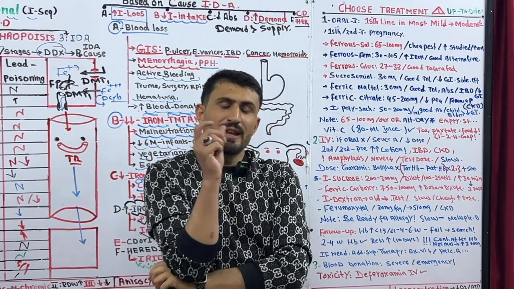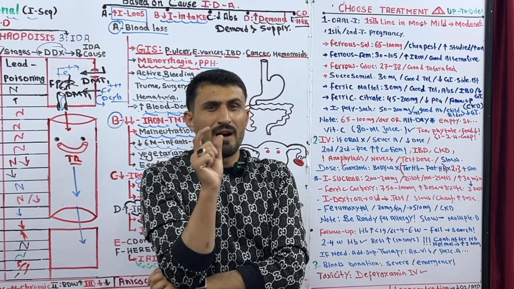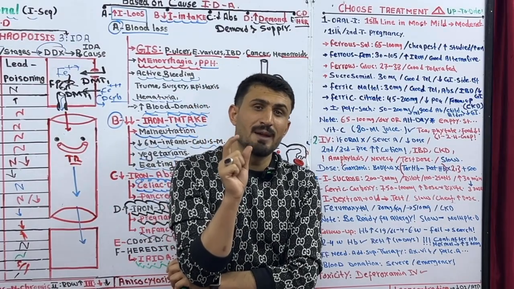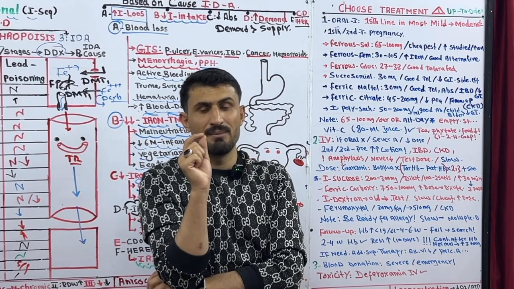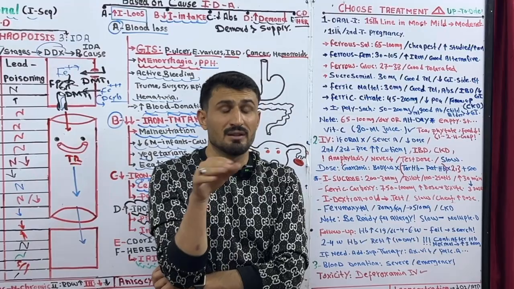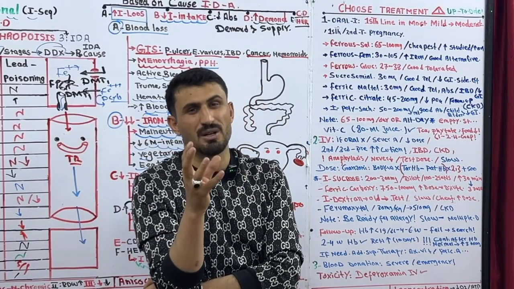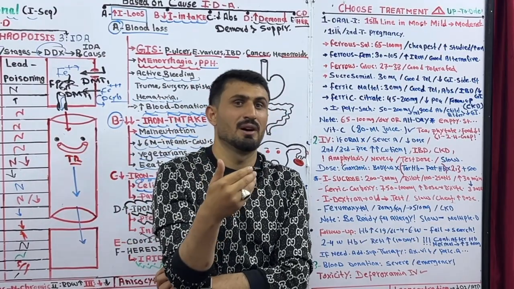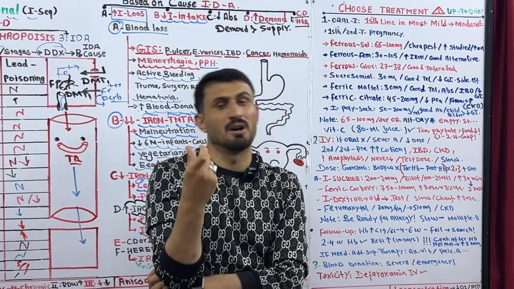If you take a tablet of 325 milligrams of ferrous sulfate, you will have 65 milligrams of iron inside this 325 milligram tablet, and the other parts will be the extra part of this tablet that are not iron. They are used for absorption of the tablet and for giving the shape of the tablet.